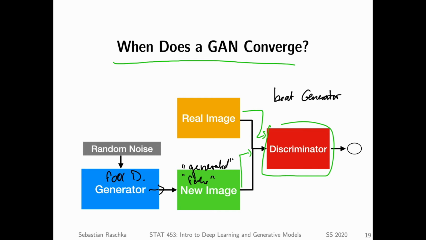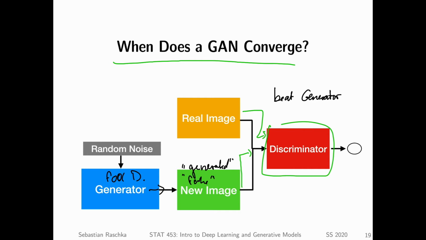So when does the GAN model converge if we have these two dual objectives? The answer is that there will be an equilibrium, the state where both generator and discriminator are kind of happy. If one changes, it's detrimental to the whole system. So there's a nice interplay between generator and discriminator.